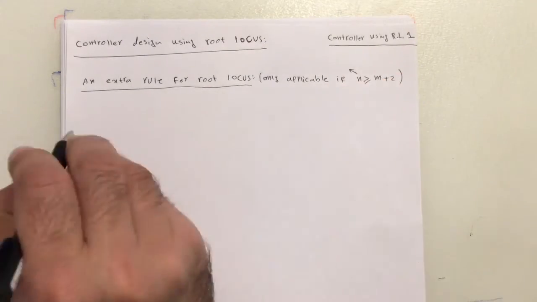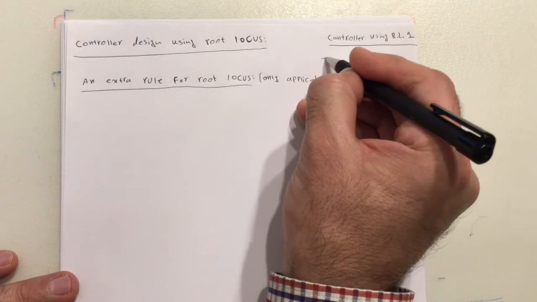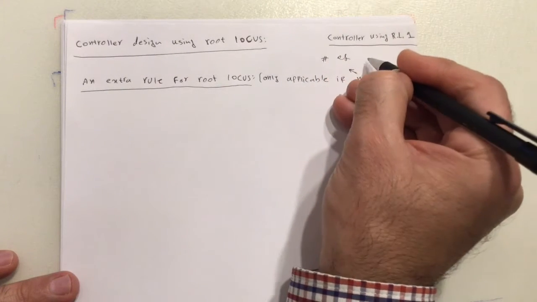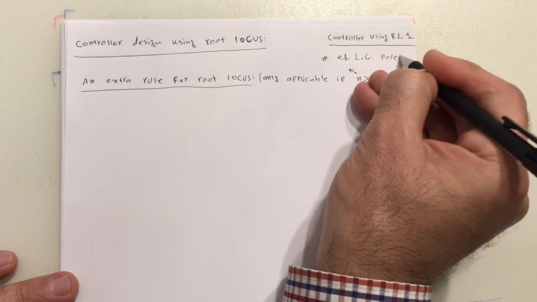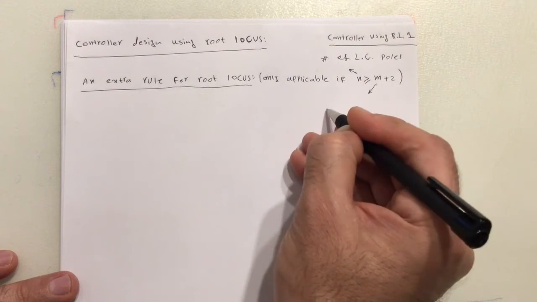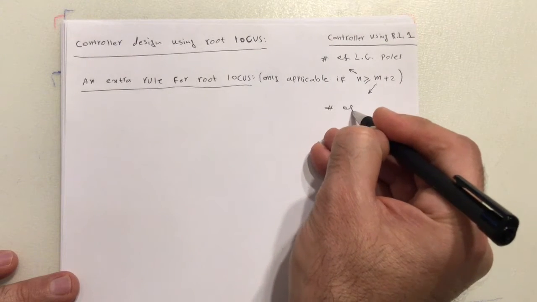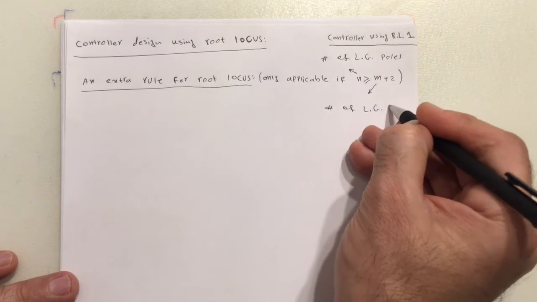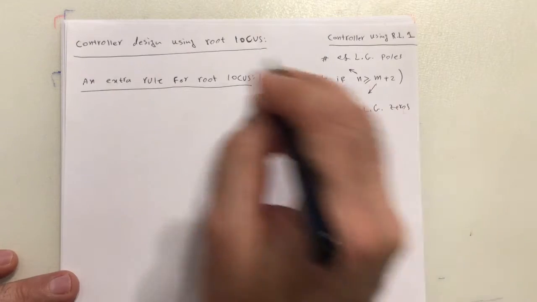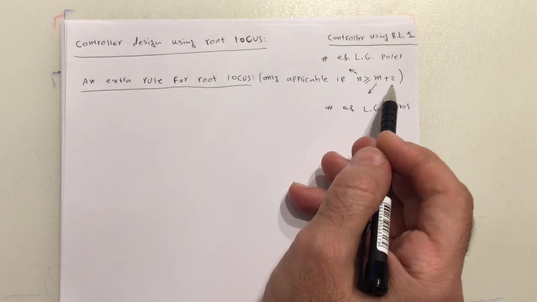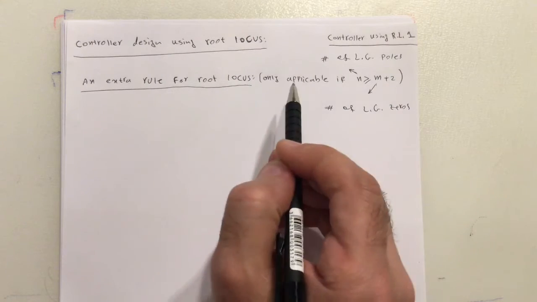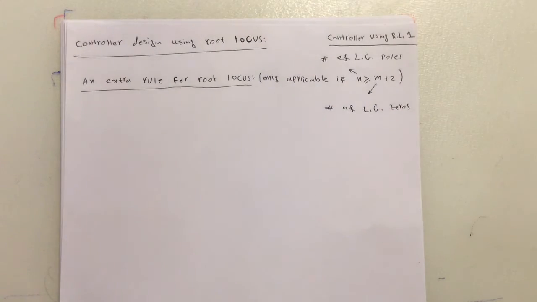As we have seen before, n is the number of loop gain poles, and m is the number of loop gain zeros. We can use this rule if n is greater or equal to m plus 2. So as I said, it's not applicable to all systems. That's one reason.